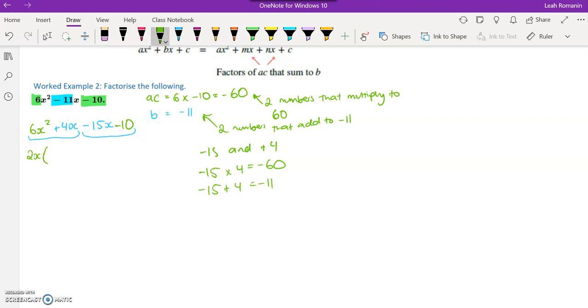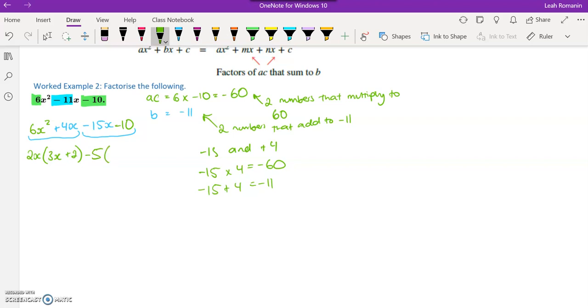Now 6x squared divided by 2x is 3x, because 6 divided by 2 is 3, and x squared divided by x is just x. And then 4x divided by 2x is plus 2. Now, the common factor between negative 15x and negative 10 is going to be negative 5.